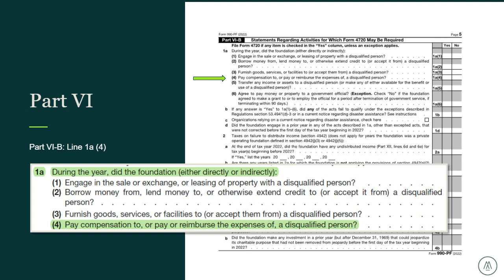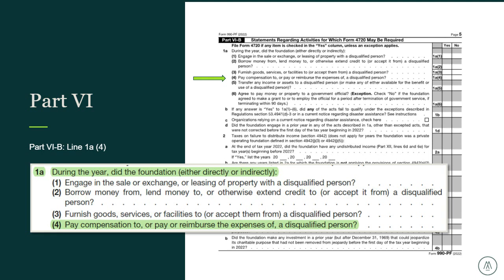Some of the excise taxes are self-dealing, excess business holdings related, jeopardizing investments, and taxable expenditures. So the comment I made earlier with regards to the 508(e) in the governing documents prohibiting the organization to participate in those types of expenditures, then that's when you might have this tax. There are some exceptions to this, so you would indicate in the form that you met the exception, and there's a little checkbox in there too.